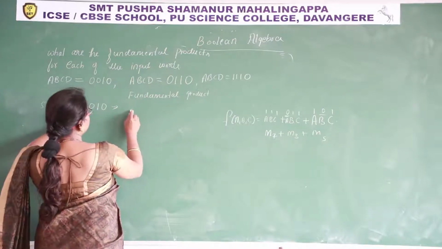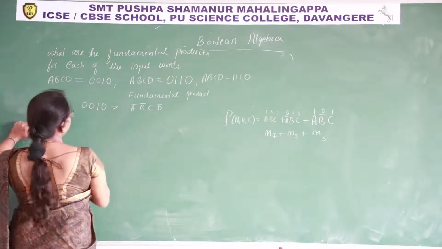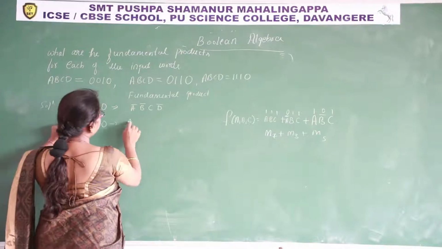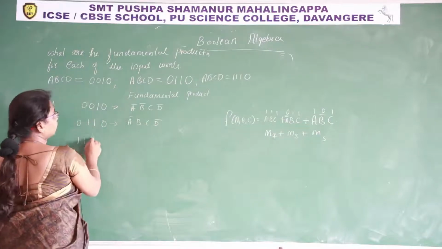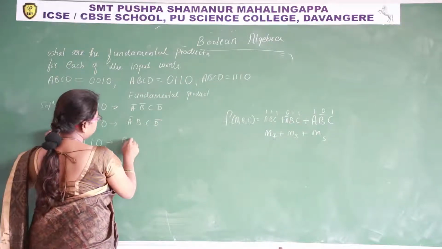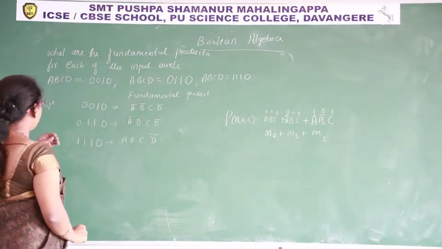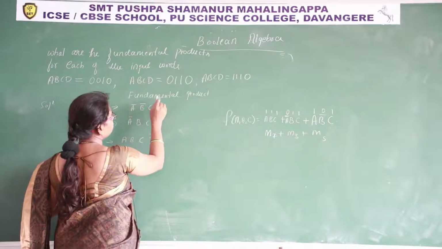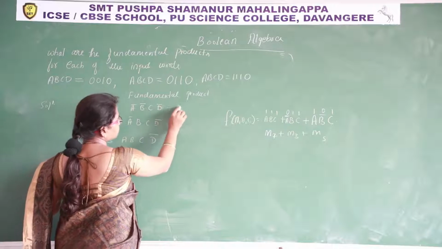Now A bar, B bar, C, D bar. Here 0 1 1 0. A bar, B, C, D bar. Here 1 1 1 0. A, B, C, D bar. Here we have 4-bit binary values, so 8 4 2 1, 0 0 1 0, only 2, so it becomes M2.